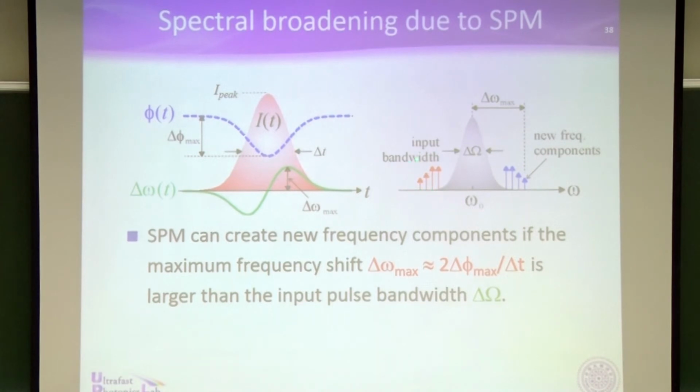So you can have new red components beyond the original spectrum if your delta omega max is big enough. Okay?